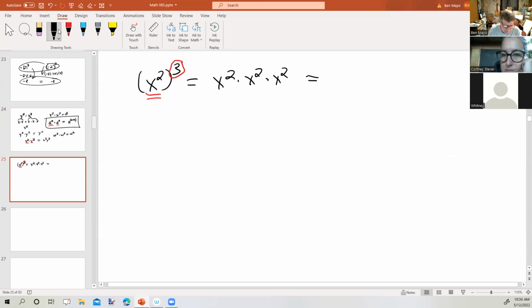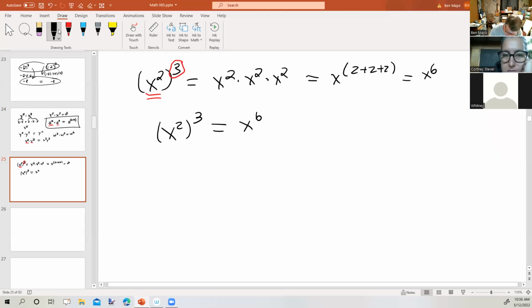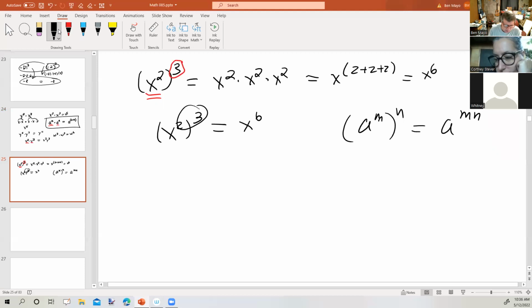But then using that first rule, multiplying powers with the same base, add the exponents, you'd get that, which would be that. So how do we get from here to here? We multiply the exponents. So a power raised to a power, you multiply the exponents and attach the product to the same base.